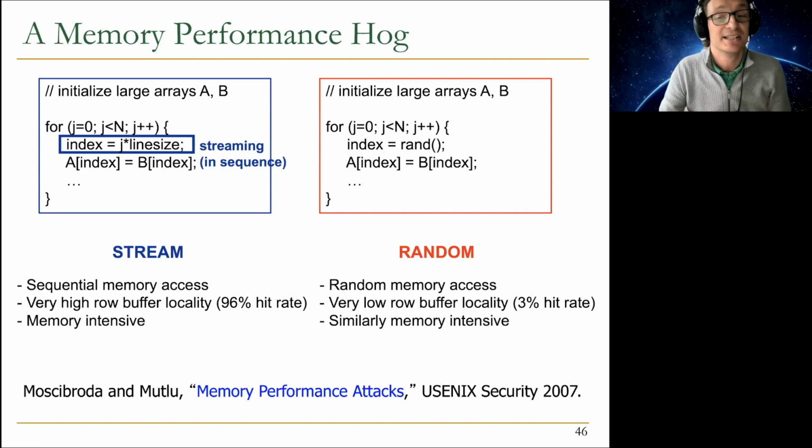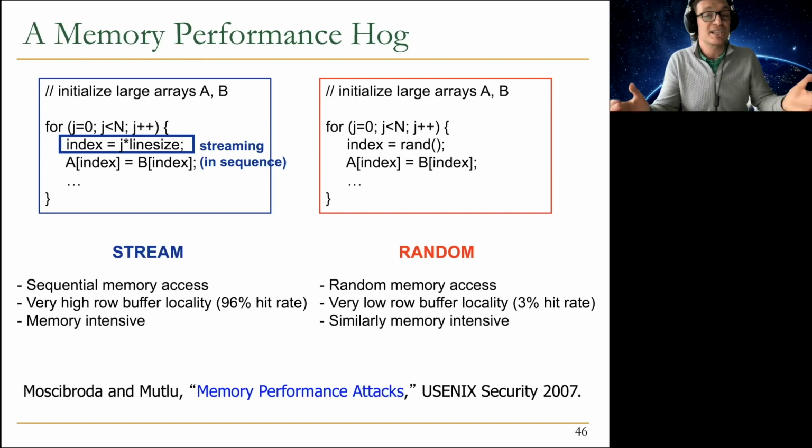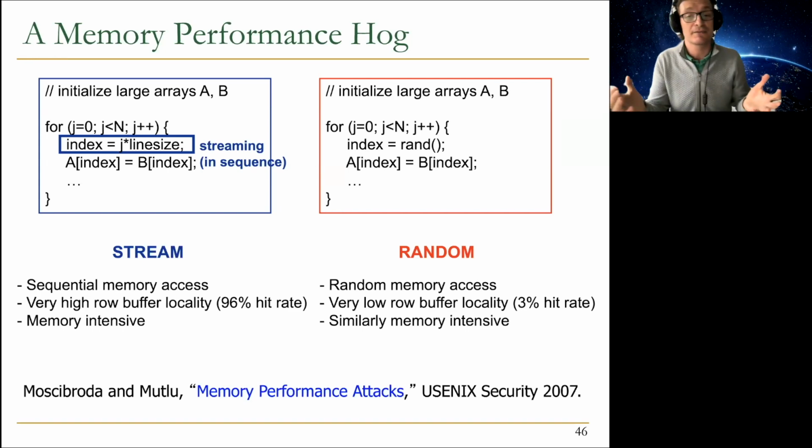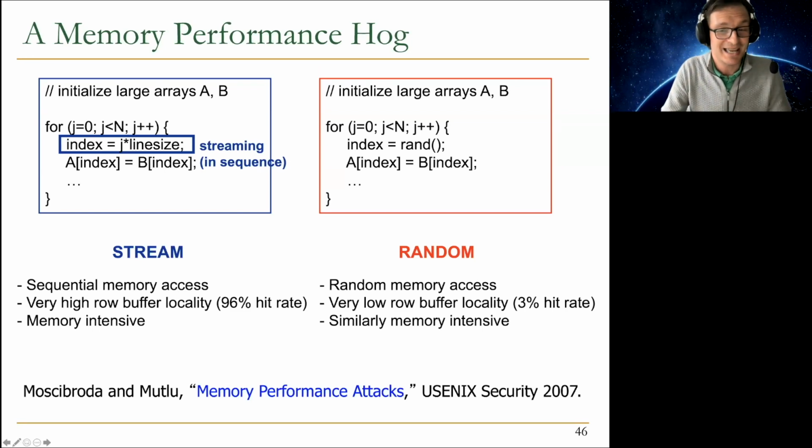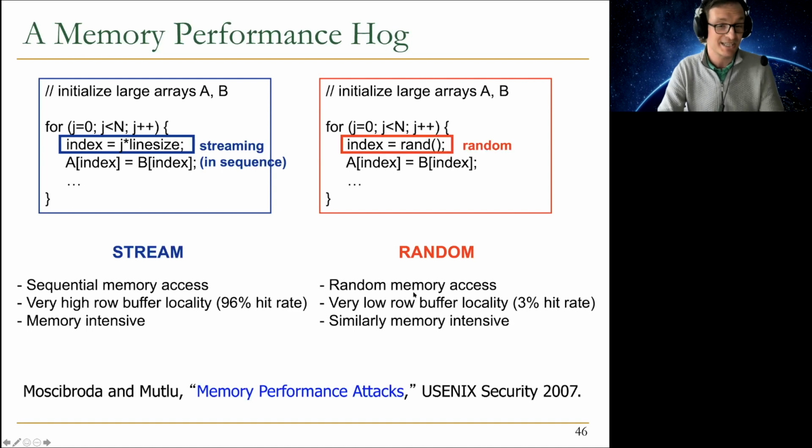As a result, you're not really doing any sequential access that would take advantage of the sequential layout in a row. Okay, so this is, let's say, a sister of the streaming application, but it's a sister that has very low row buffer locality because it's doing random memory access, but it's similarly memory intensive.